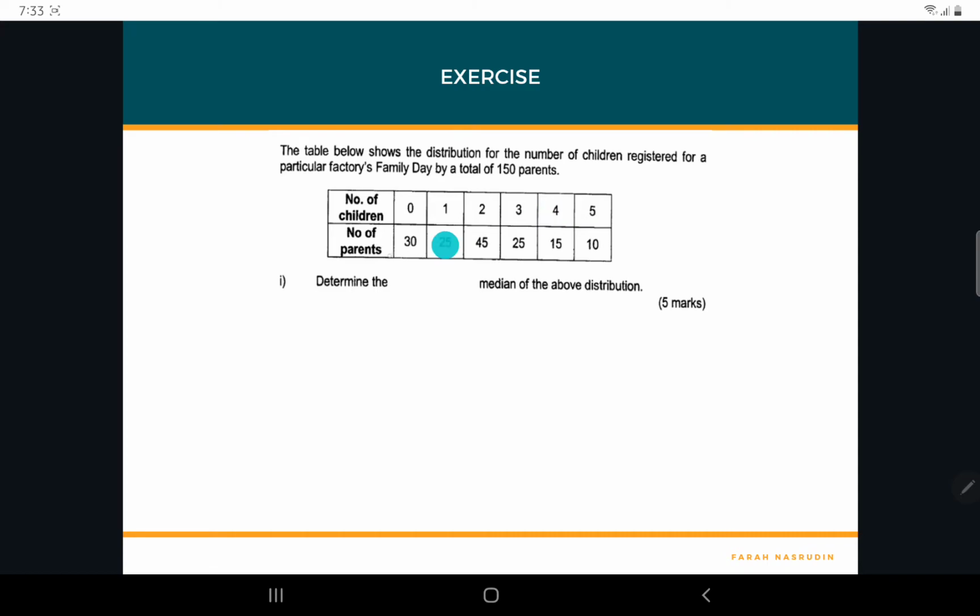ungroup data with frequency. So based on the previous example, we need to add another row, which is for the cumulative frequency. Okay, so here we got 30 plus 25, so it is equal 55.